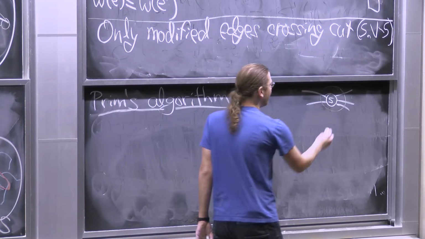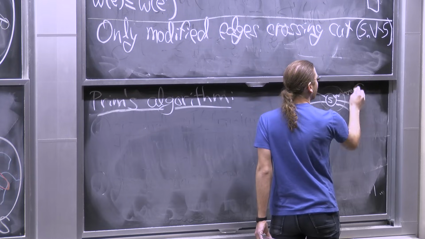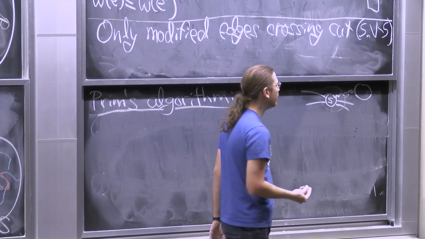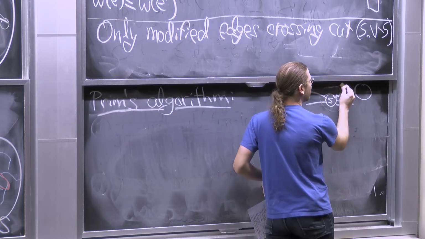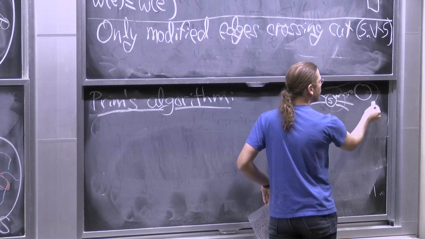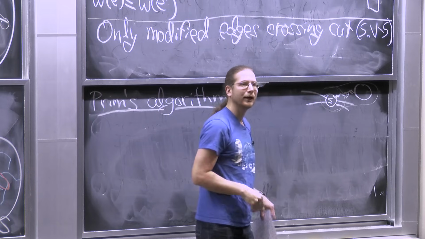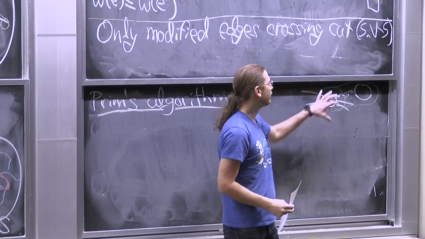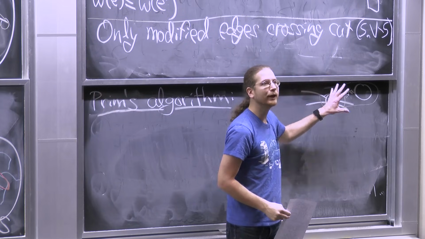So when I do that, I put it in my minimum spanning tree because I know it's in some minimum spanning tree. Now I'm going to make S, capital S, grow a little bit to include that vertex and repeat. That's actually also a very natural algorithm. Start with a tiny S and just keep growing it one by one.